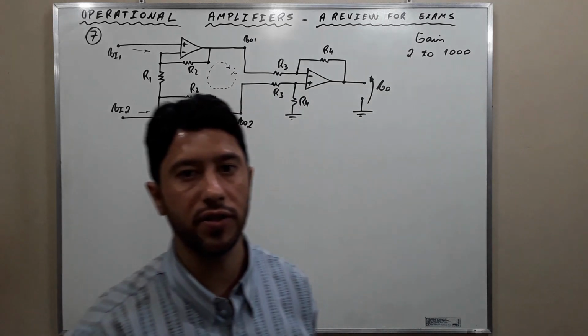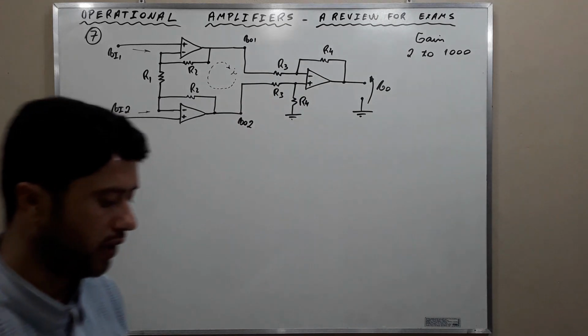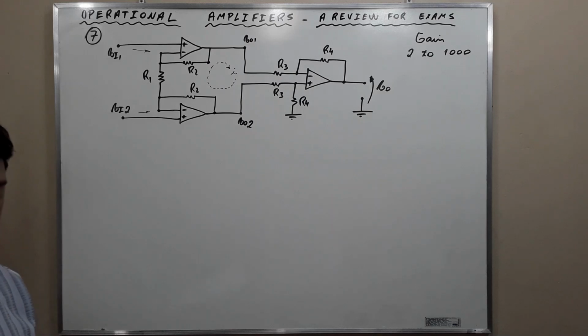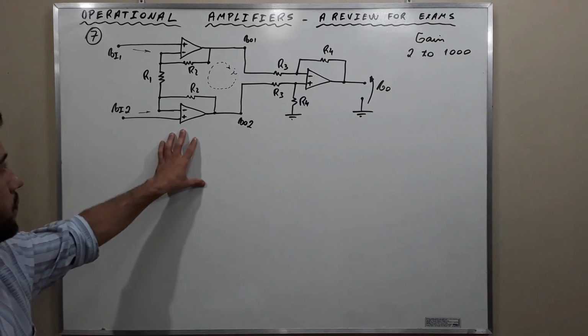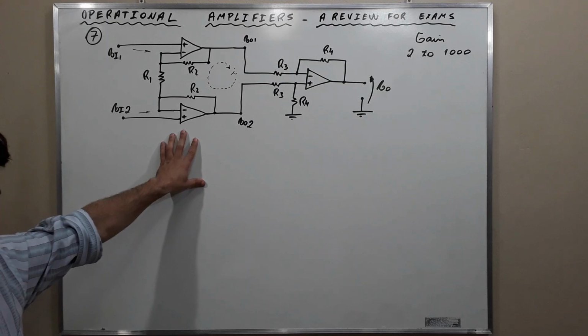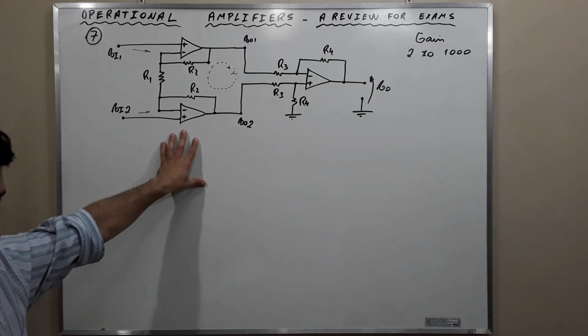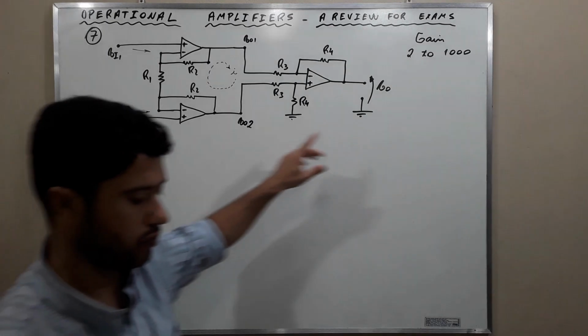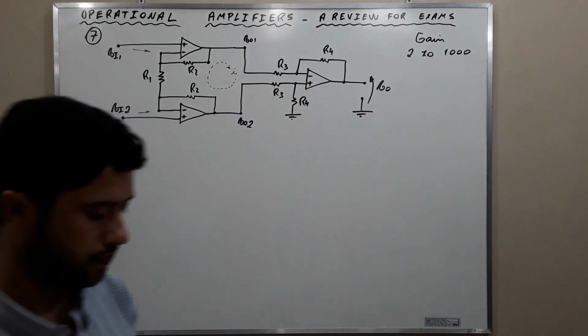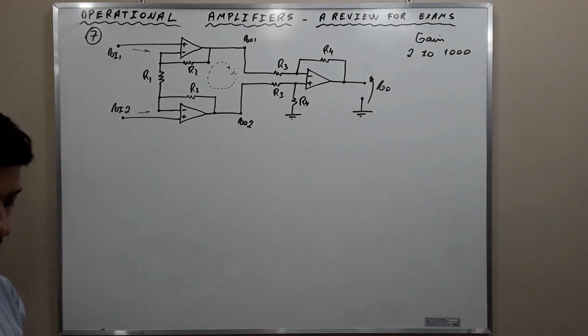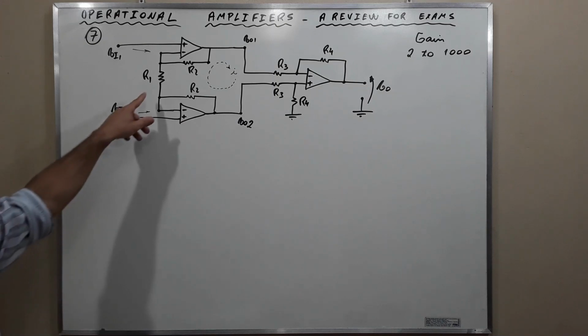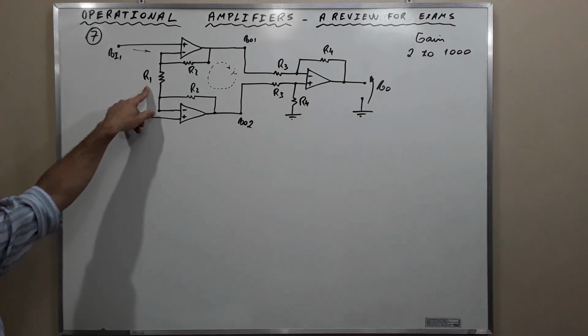Let's go to the last exercise, exercise number 7. Design the instrumentation amplifier of the figure to provide a gain that can be varied over the range of 2 to 1000, utilizing a 100 kilo ohms variable resistance. Okay? Before making use of the variable resistance, we are going to put the variable resistance here in the place of R1.